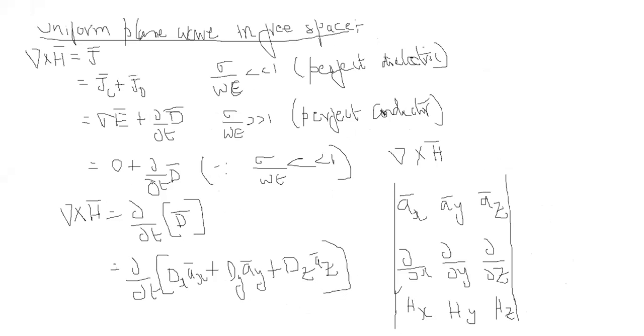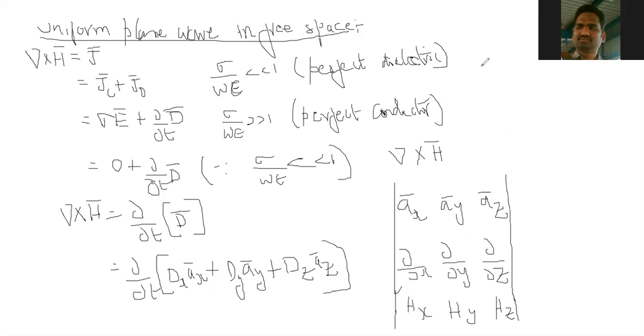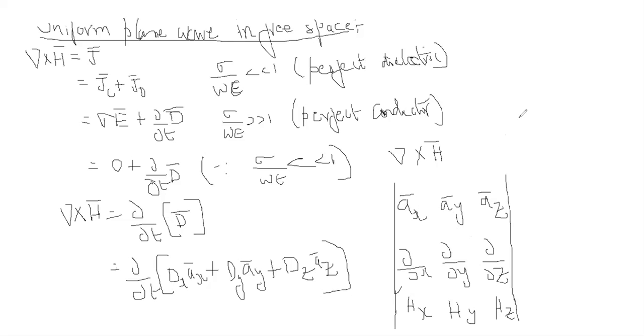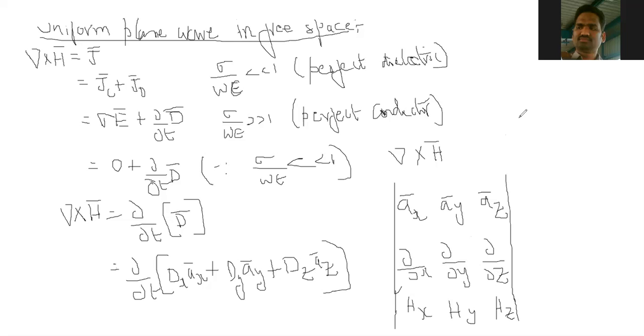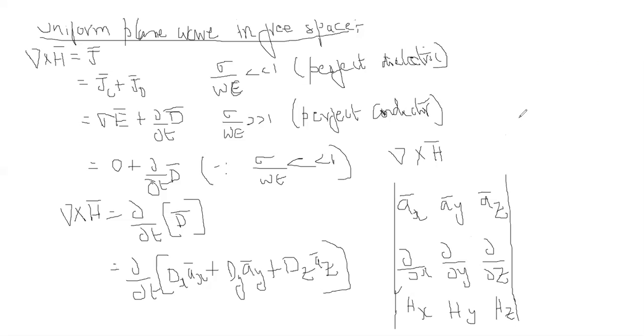On the left hand side, del cross H bar is ax bar into dou Hz by dou y minus dou Hy by dou z, and minus ay bar, multiplying dou Hz by dou x minus dou Hx by dou z.